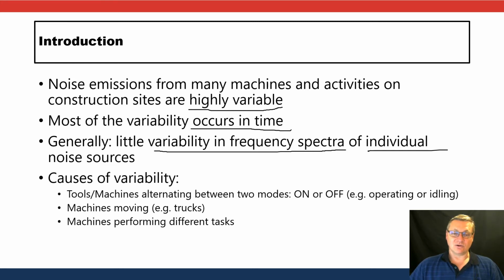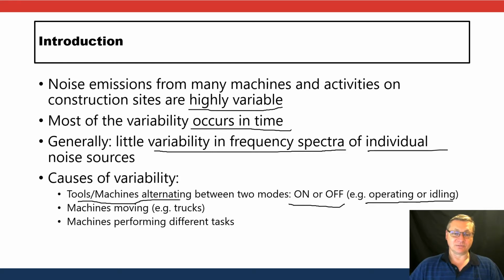The causes of the variability from each noise source is usually just because the different tools and machines are being used or they're not being used. They're either on or off. They're either operating or they're idling. So the variability of each noise source is really just a case of it's on or off most of the time.